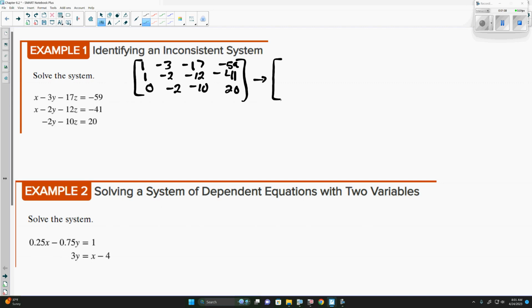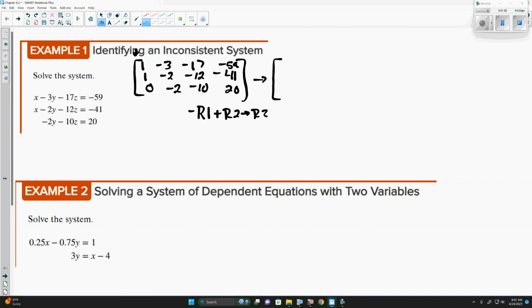Now this one here, we want to get into row echelon form to try to get the solution. And the first thing we can do is take the negative of row 1 and add it to row 2, and this is being applied to row 2. Because we have 1 in the first place in our first row, we just need zeros below it.